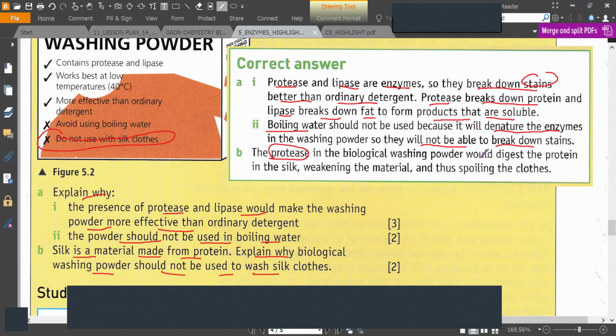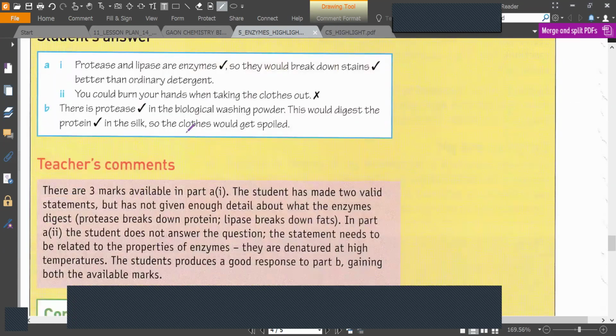This protease would digest the protein in the silk, weakening the material and thus spoiling the clothes. So they have their advantages, but also have their limitations. Cannot use for silk clothes. Okay. Next.